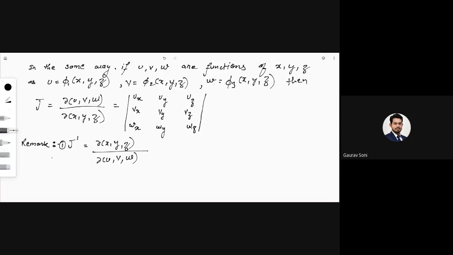J times J dash is equal to 1. Okay, so if J dash is asked to you, you can simply find J and give the reciprocal, and that will be the answer. So we don't need to worry about which is dependent, which is independent. Whatever you have, you find the Jacobian and take the inverse of it. Fine.